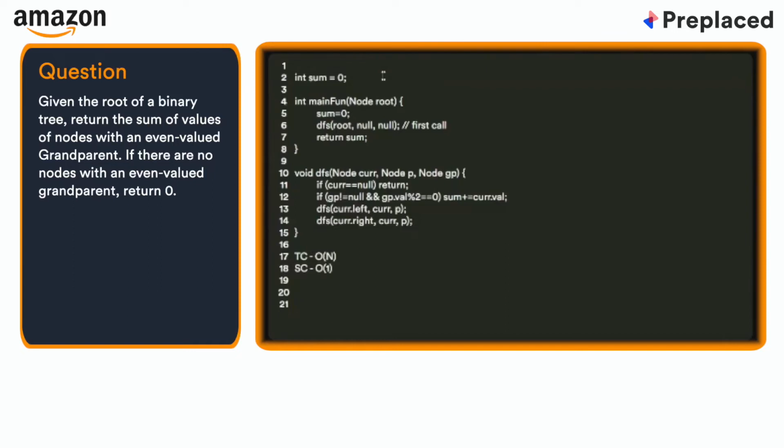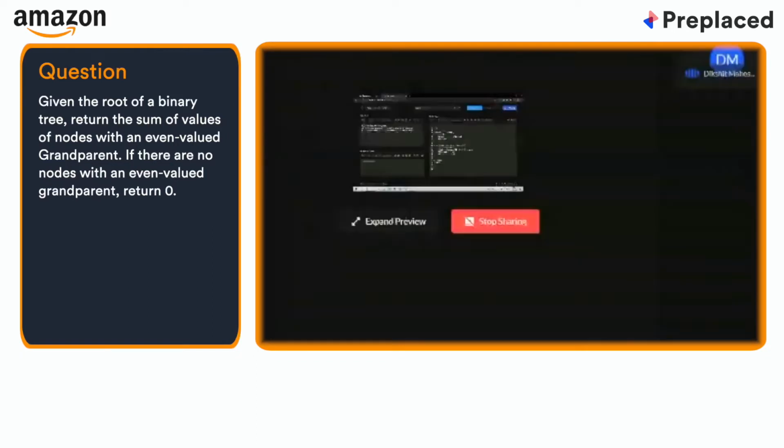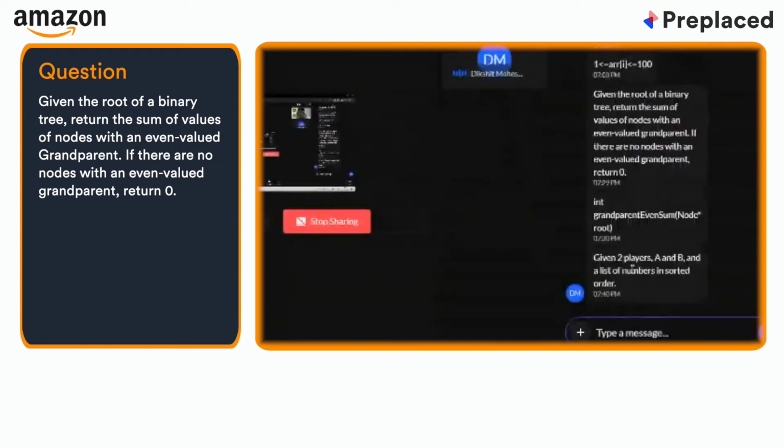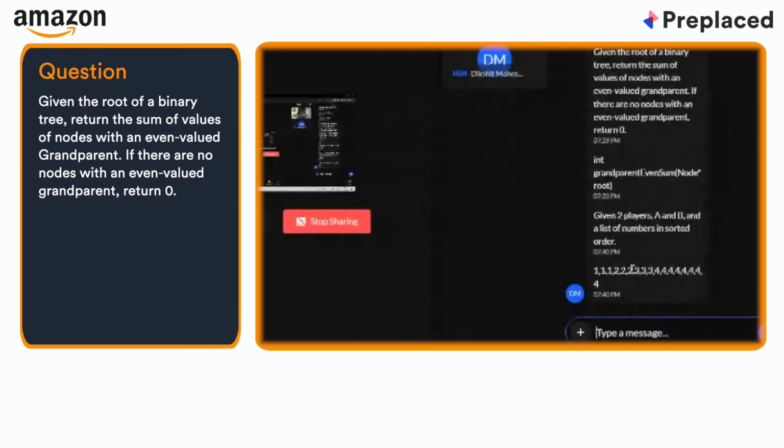Given two players A and B and a list of numbers in sorted order. So there are two players. Let's say you are A, so A is Prajwal and B is Dikshit.